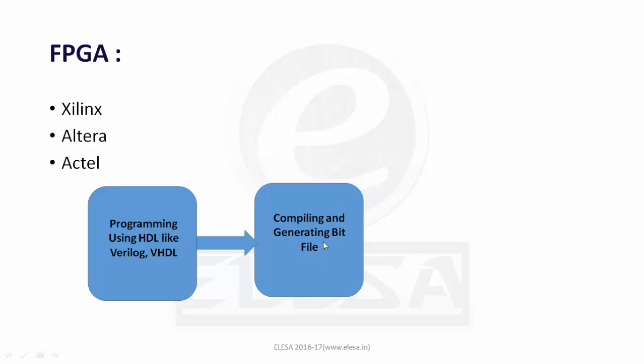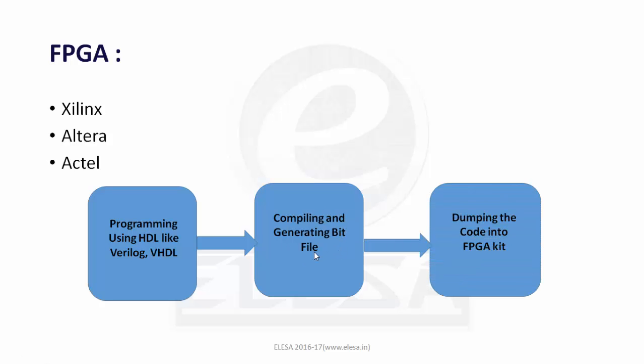All these things are available in the bit file, and you can upload this bit file into the FPGA kit just like you do for any microcontroller kit. You write a program in C language, you compile it and form a hex file, and you then dump it into your microcontroller kit. A similar action happens in the FPGA.